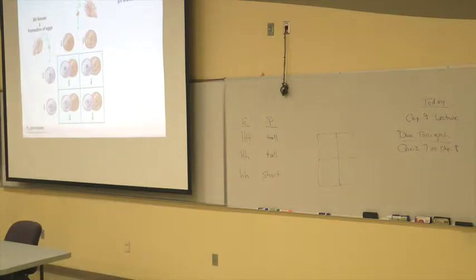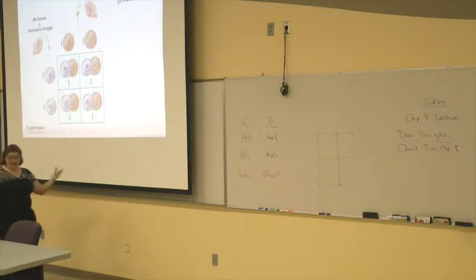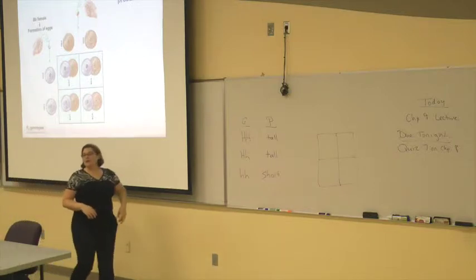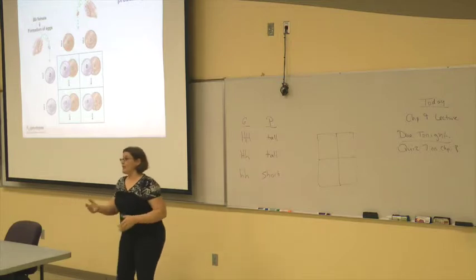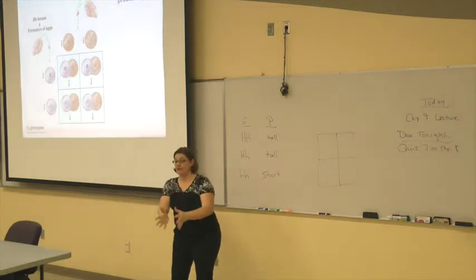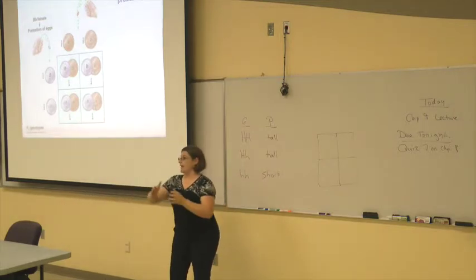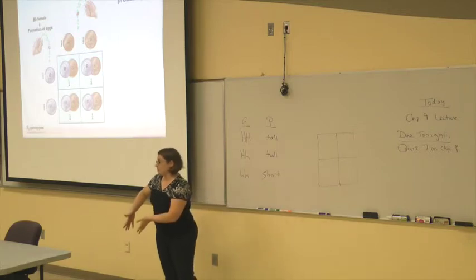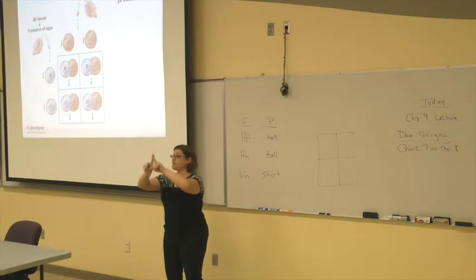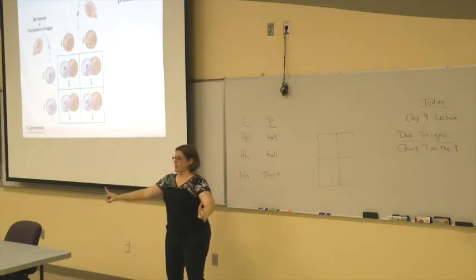So if we have a heterozygous male, a heterozygous dad, all right, when he makes sperm, 50% of his sperm are going to carry the big B allele, and 50% of his sperm are going to carry the little b allele. Right? Why does that happen? Because of what happens at anaphase, right? The sister chromatids separating, going to opposite poles for each cell that gets created.